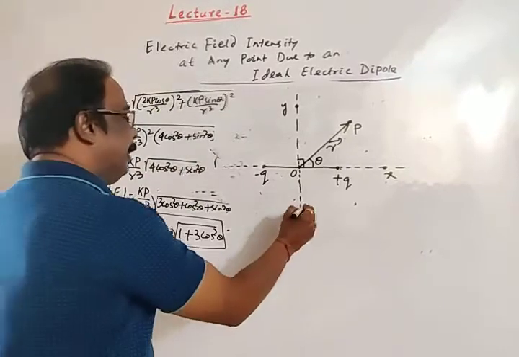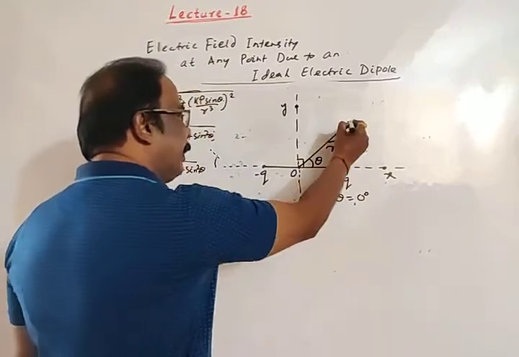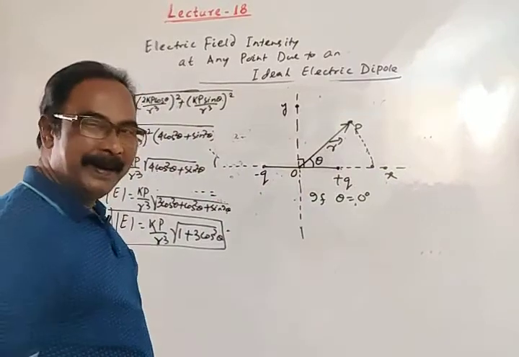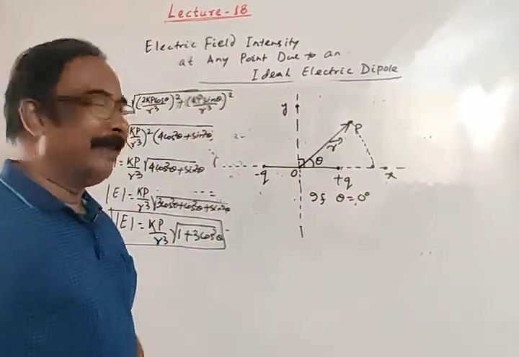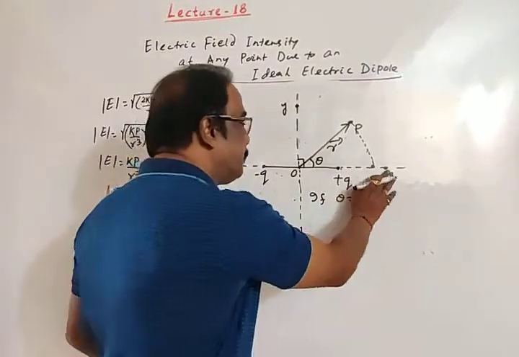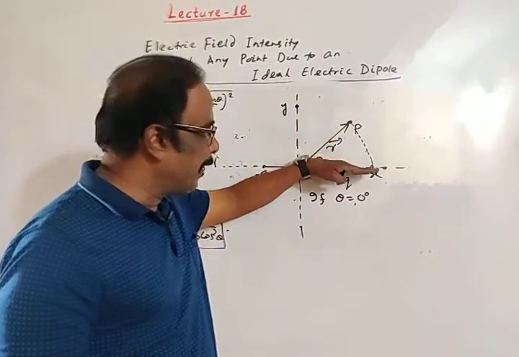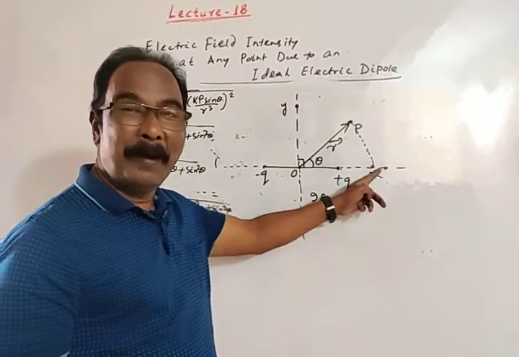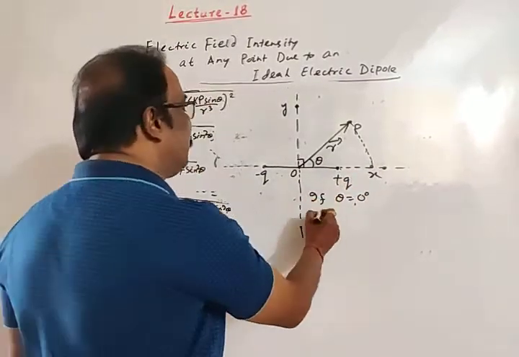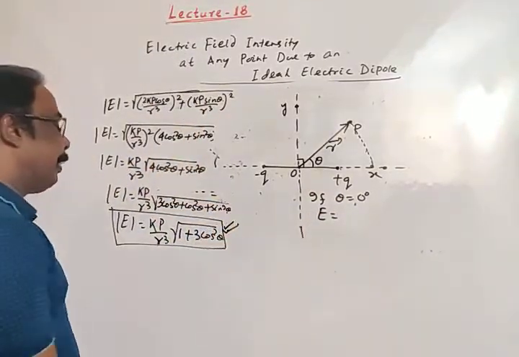If theta is 0 degree, then obviously point P will lie on the axial line, which is end on position. This position is X. If theta is 0 degree, point P will lie on the axial line, and any point on the axial line is end on position.